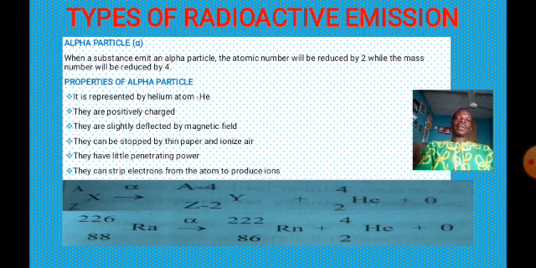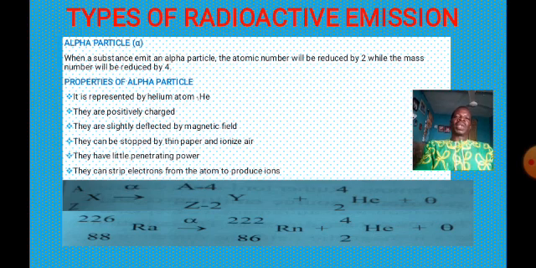Why is it represented by helium? If you look at our periodic table, helium is number 2. That is the atomic number 2, and the mass number is 4.